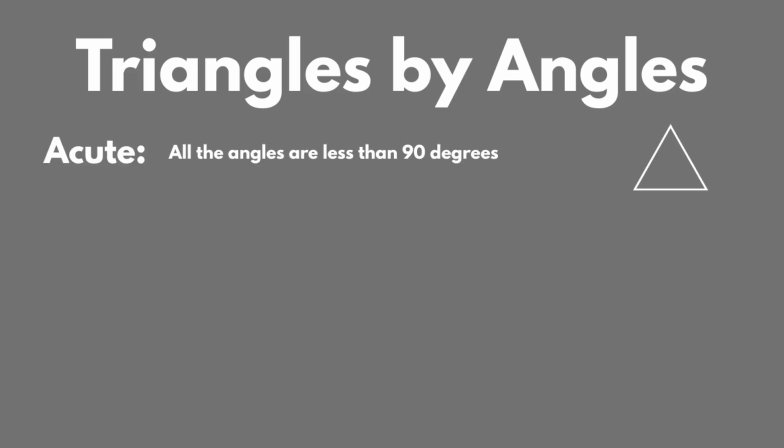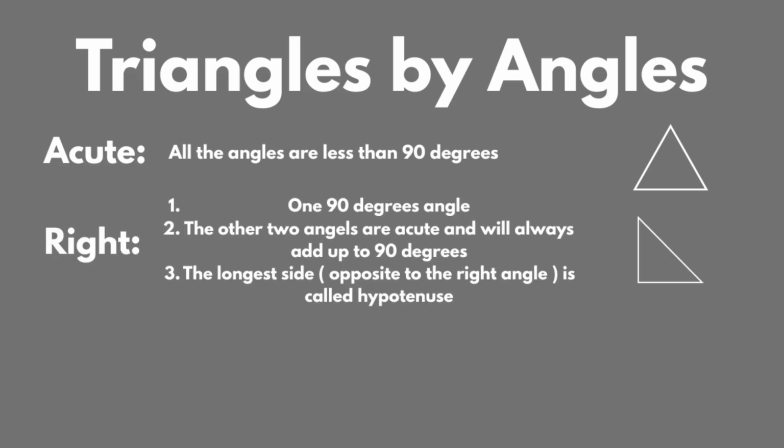You can also distinguish triangles by their angles. Types of triangles by angles are acute triangles. These types of triangles have 3 angles less than 90 degrees. Every corner is narrow and every corner looks sharp. Then we have right triangles.